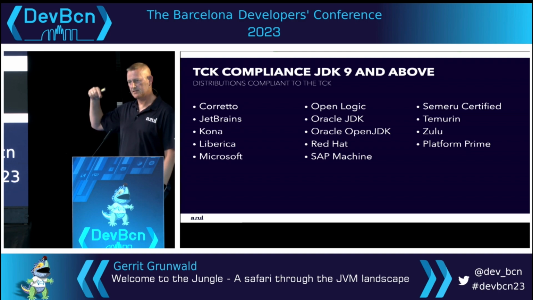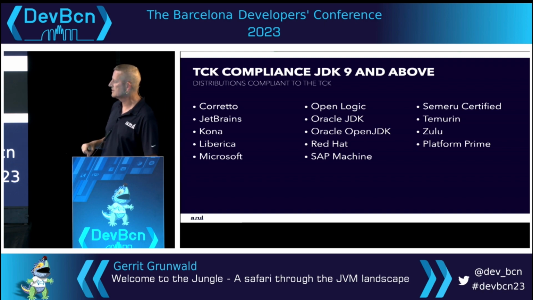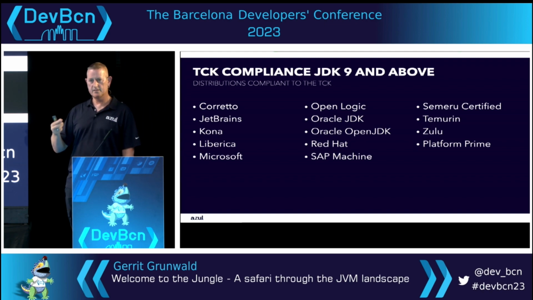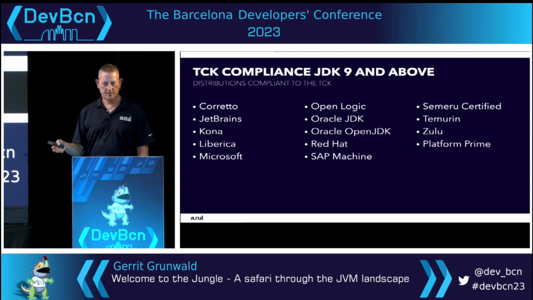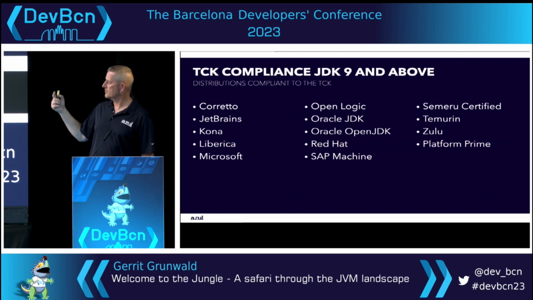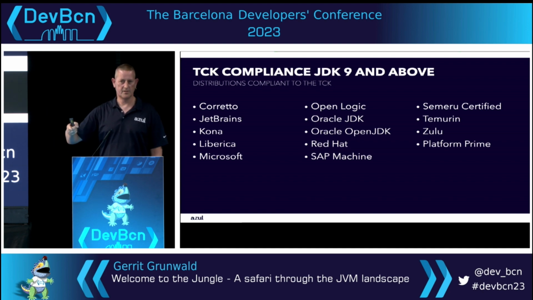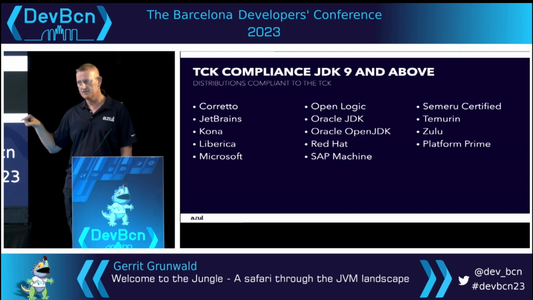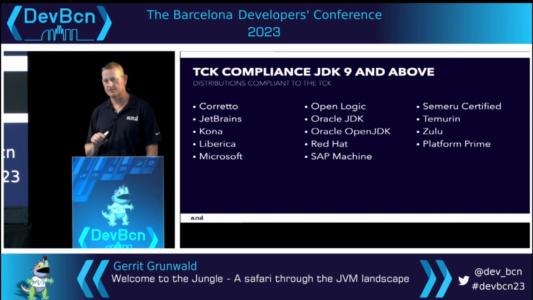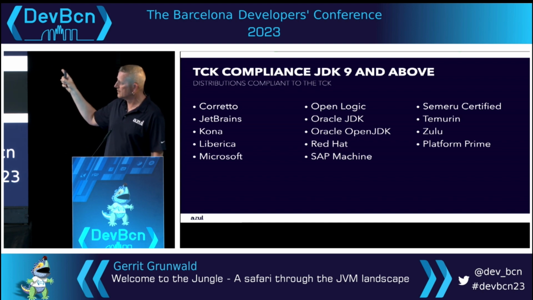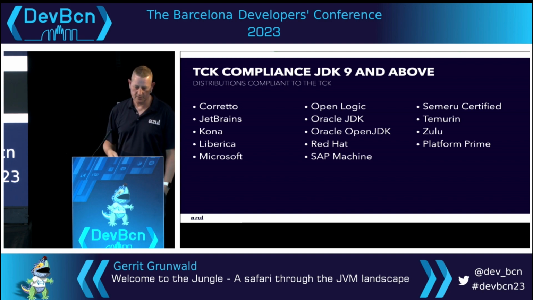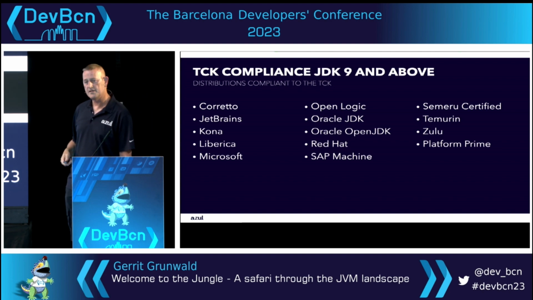They just have 11 and 17, which don't really pass the test. So if you now change from Red Hat, for example, to Dragonwell, your application might fail, because there is something in the JDK which doesn't pass the test. And that's critical. But you see, most of the well-known distributions are TCK compliant for the actual versions.